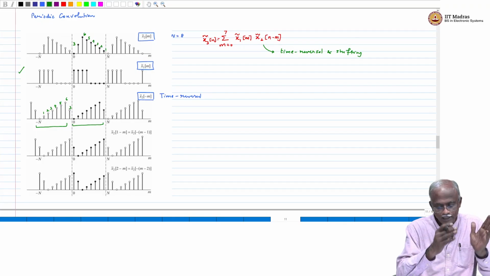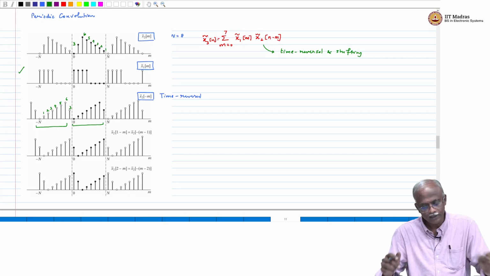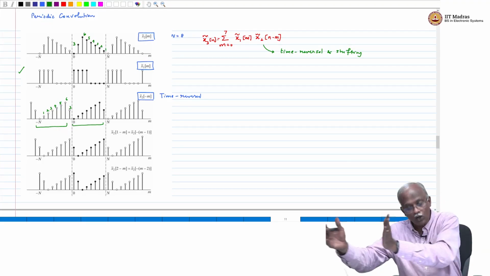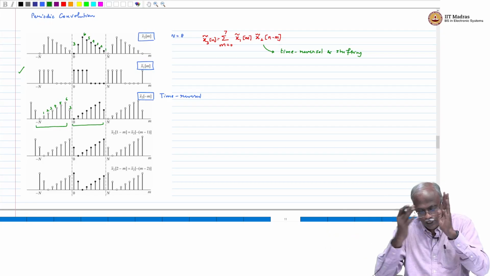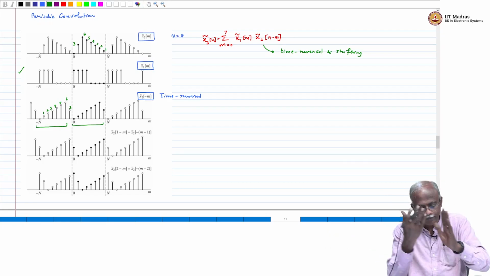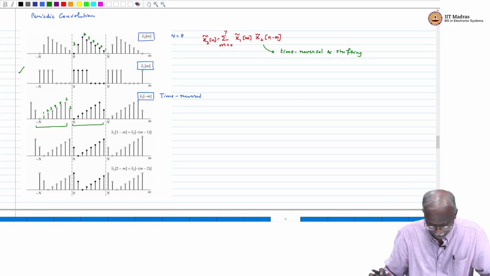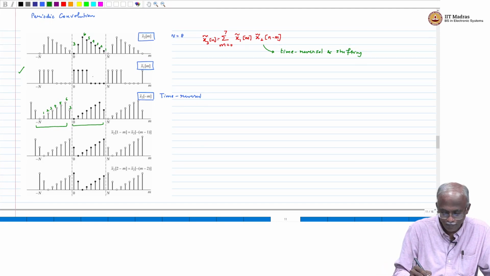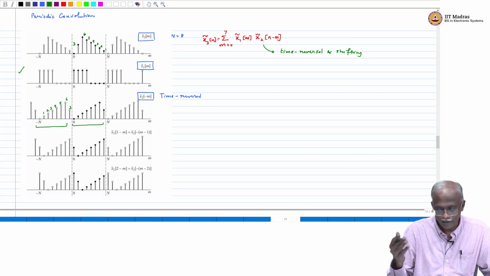It is a time reversal of one period, but that happens in all the periods. So now the new periodic sequence is the time reversed sequence. Now you have to multiply it point by point and then obtain the value.